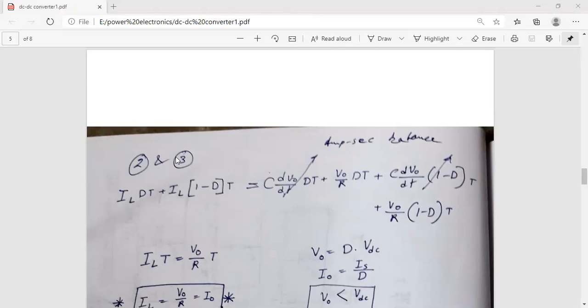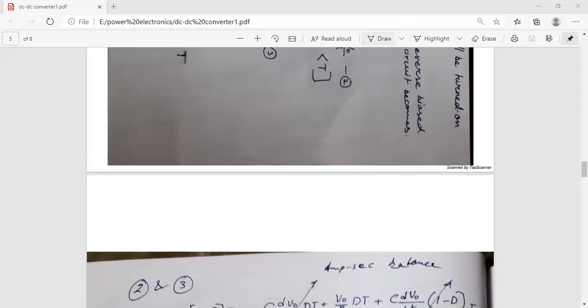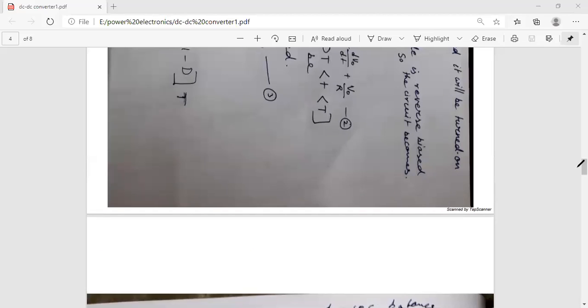This is not equation 3, this is equation 4.